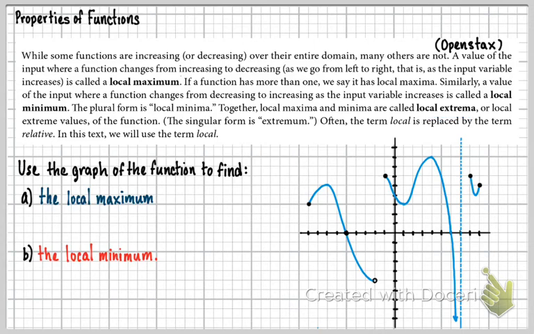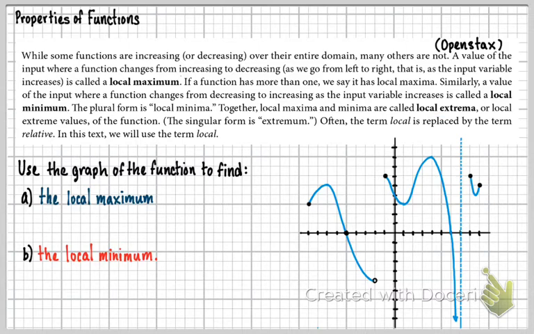So if the problem says, find all local extrema, that means both maximum and minimum. Or local extreme values. That's another way to say the same thing. The singular form is an extremum. So if I just have one, it's an extremum. Or if I have multiple, it's called local extrema.